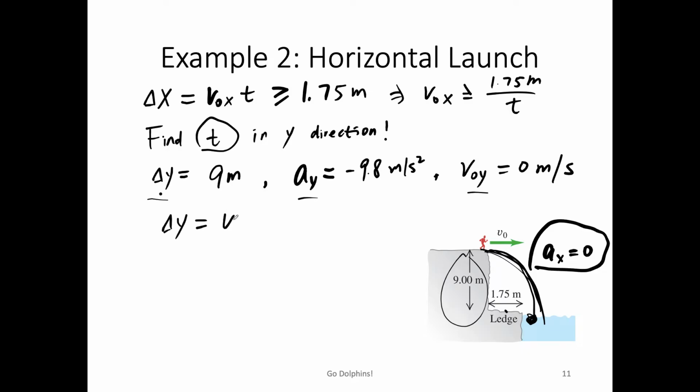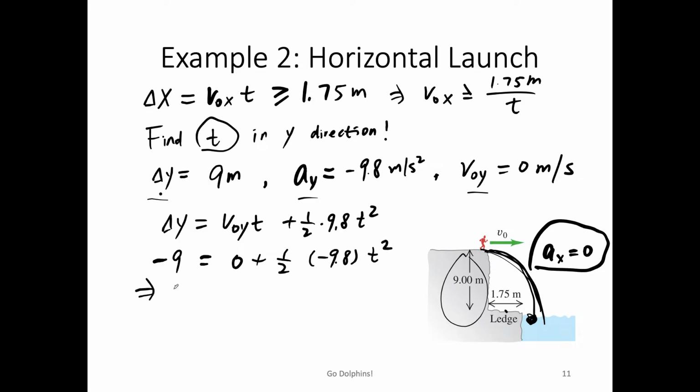So plug in all the numbers and solve. We find that t should be the square root of 2 times 9 divided by 9.8, which is 1.355 seconds.